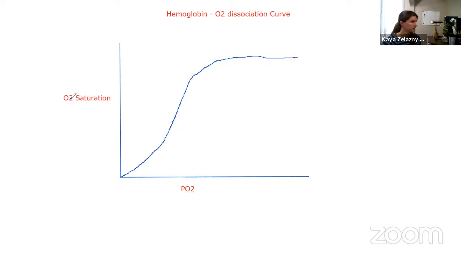pick a different color for this. Right, so let's say this was our venous pressure, and here we have our arterial pressure. Right? So we've got like 40 and 100 here.